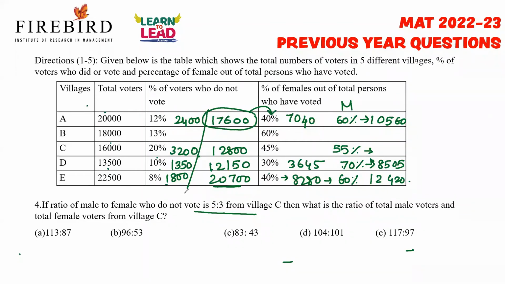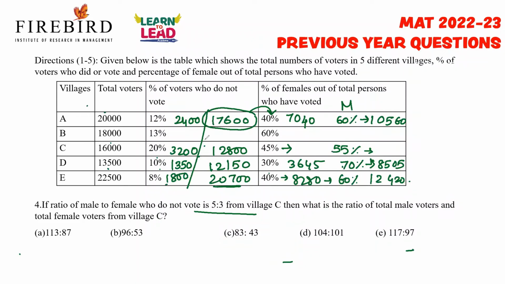Okay. Now, the ratio of male to female who do not vote is 5:3 from village C. And now we have to calculate 45% of 12,800 in village C. First let me calculate 55% of males in village C because that is easy.